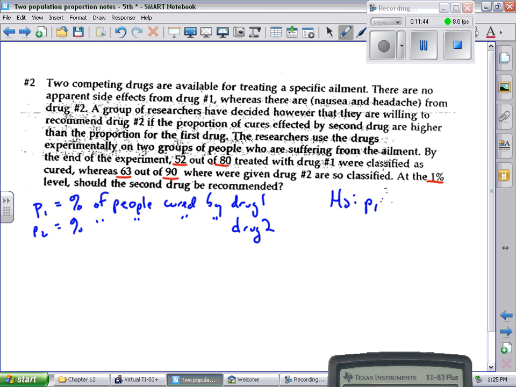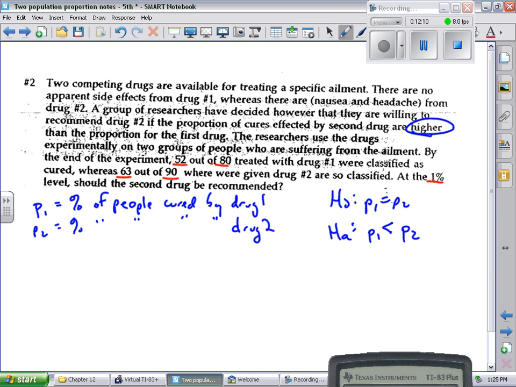So H0 is that the drugs are equally effective. HA is what? This is a little bit of a trick you got to be careful of, I think, because it says the second drug is higher, but you actually draw a less than sign because the second drug is what's listed second.